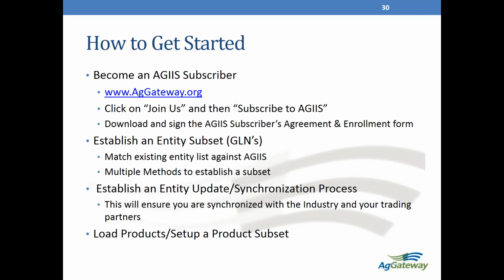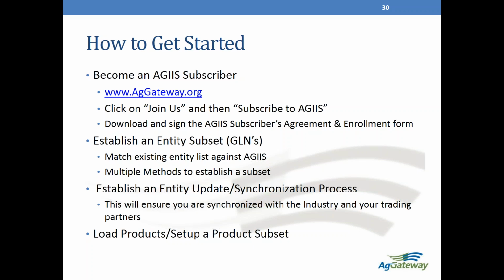There's some things you can do before you actually submit your information to AGIIS that may make it beneficial, so we get better matching. We actually get the input information into the database that's valuable to the whole industry. And there's also multiple methods to establish a subset.